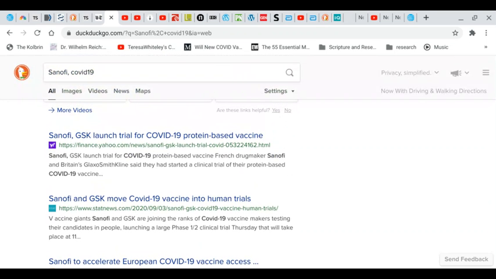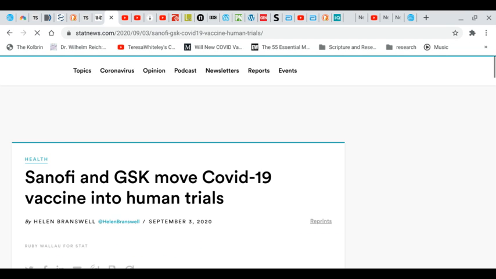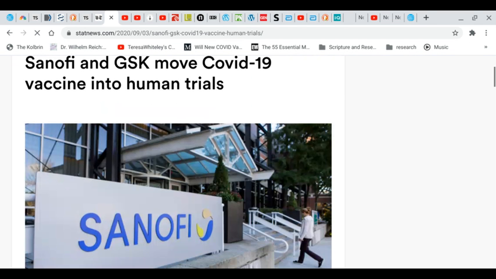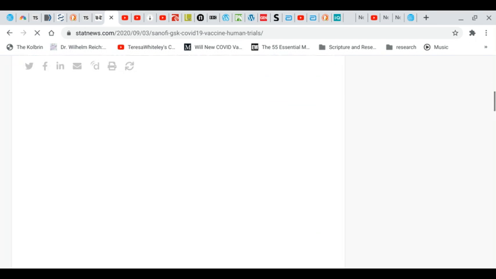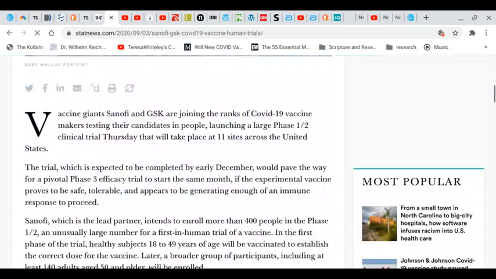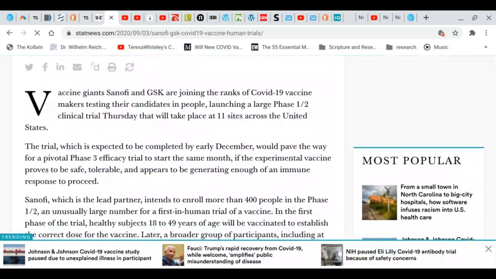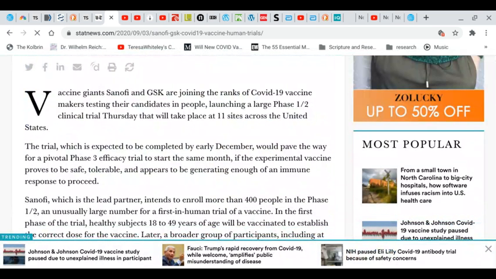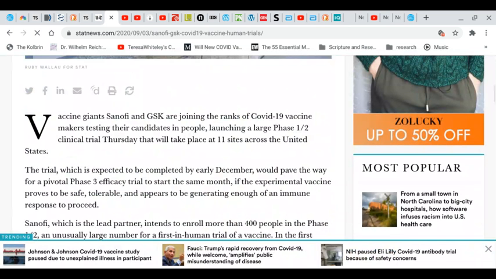We'll go to this STAT News and see what they have to say about these vaccine human trials and what Sanofi and GSK's COVID-19 vaccine is. And I wonder, is Sanofi using their new nucleotides X and Y in this, and how does that play a part?